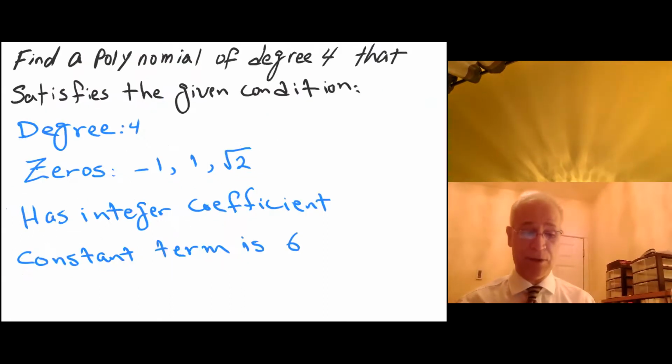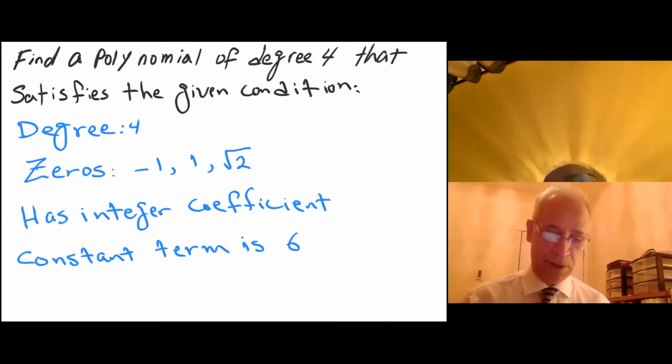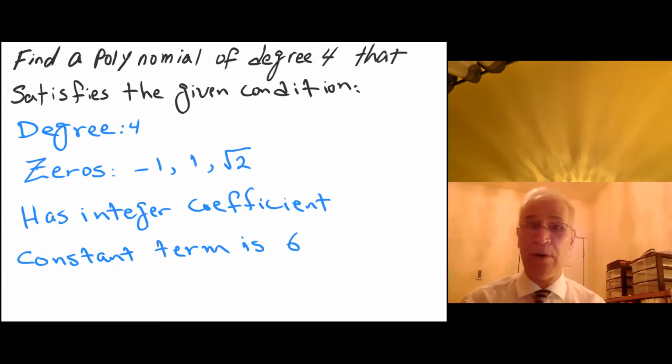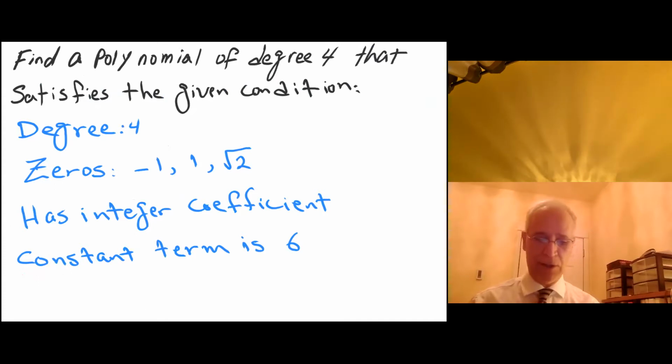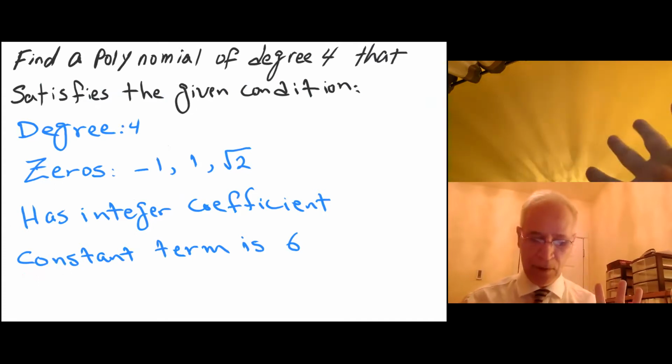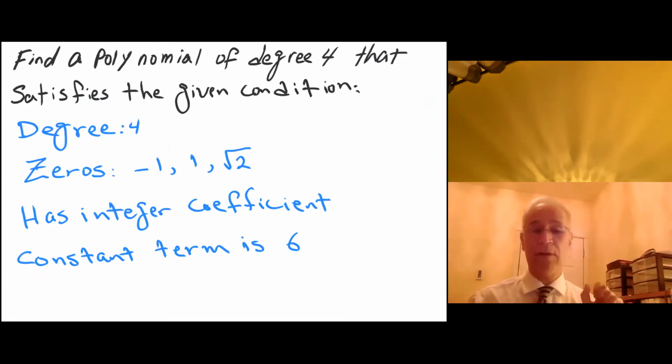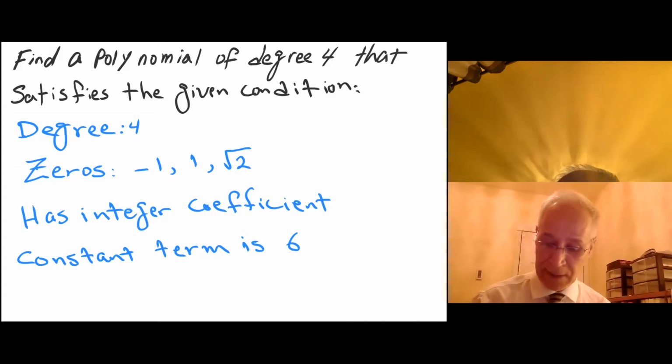Let's look at the original question. Whoever designed this question is saying find a polynomial, not the polynomial. Find a polynomial of degree 4 that satisfies the given conditions. The degree is 4, has zeros of -1, +1, square root of 2, has integer coefficients, and constant term is 6.